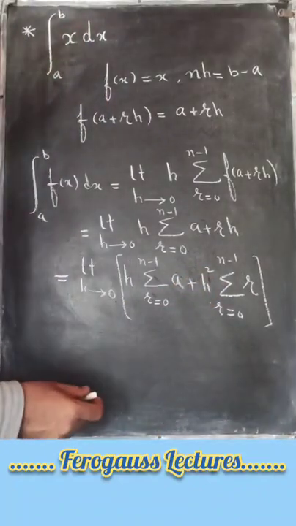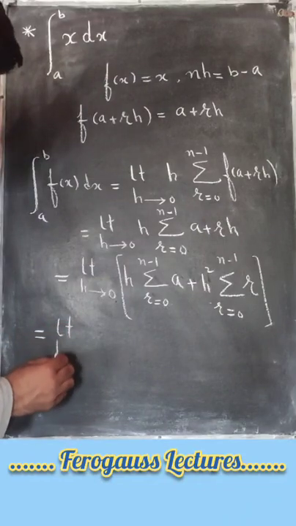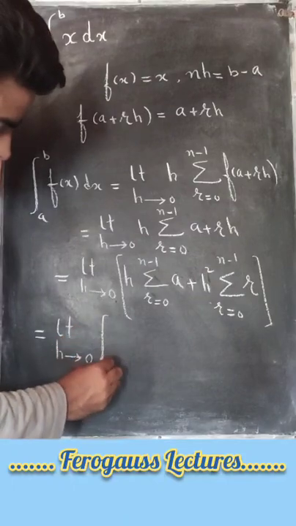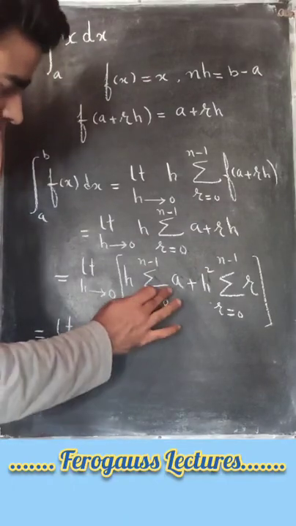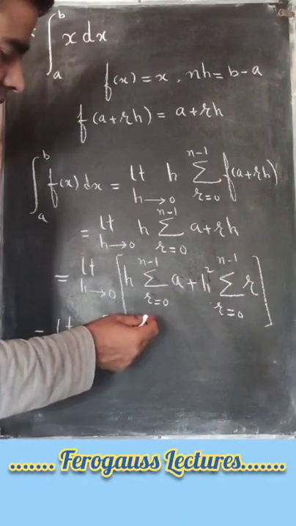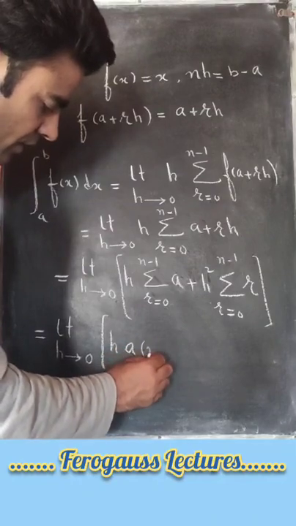Now this is further equal to limit h tends to 0 of h times, and this is equal to the summation r running from 0 to n minus 1 of a. This is equal to a into n.